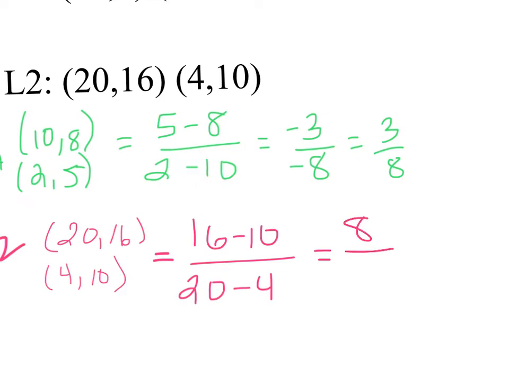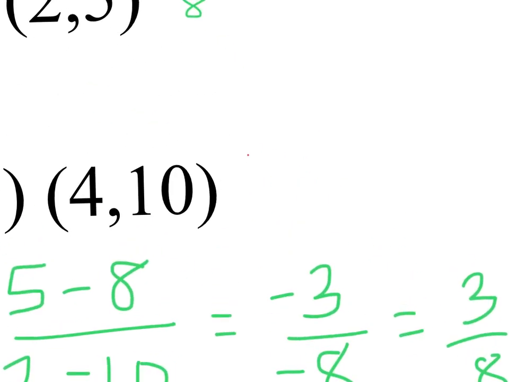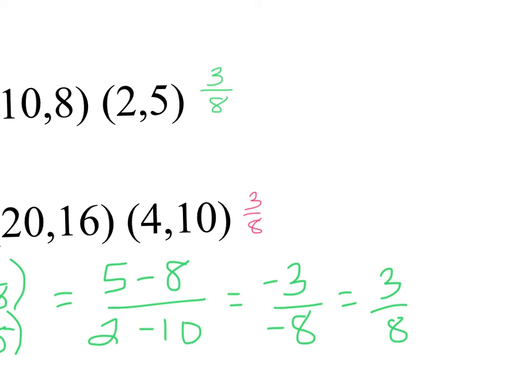Oh, why did I put 8? 16 minus 10 is 6, right? Over what? 16. Does that simplify? Yes. Okay, 2 goes into both of these, yes? 6 divided by 2 is 3. 16 divided by 2 is 8. So I have the slope here of 3/8. Compare those two numbers. They are what? They're exactly the same, so that means these lines are parallel.